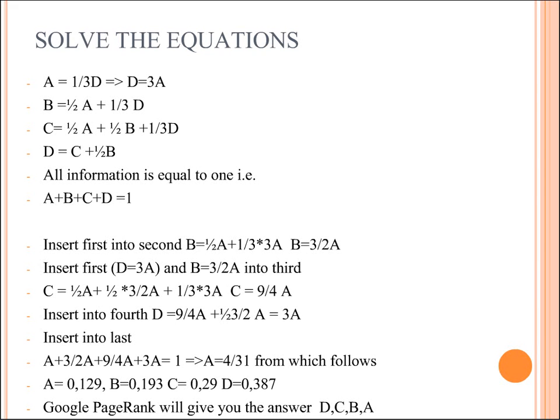So Google PageRank will give you D as the first answer to your search, C as the second, B as the third, and A as the fourth. So this is how Google search, Google PageRank works.